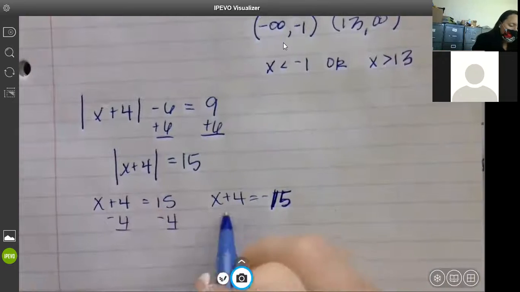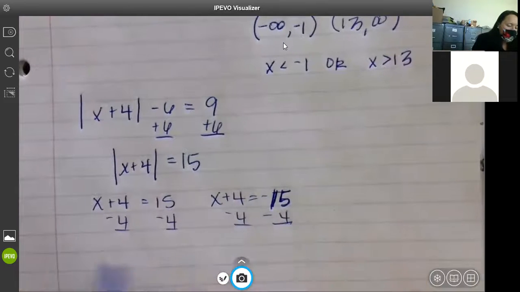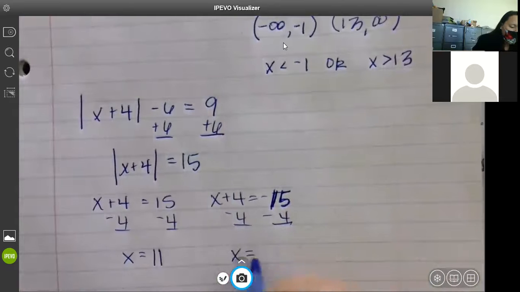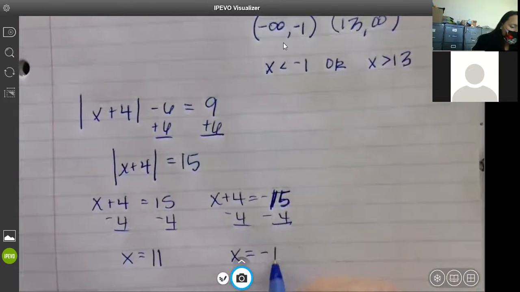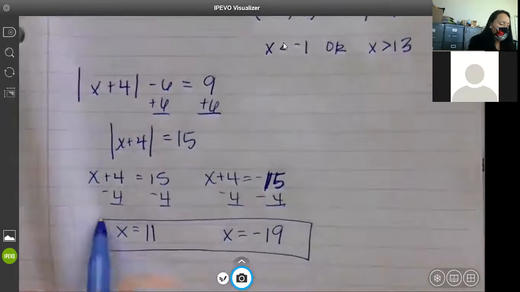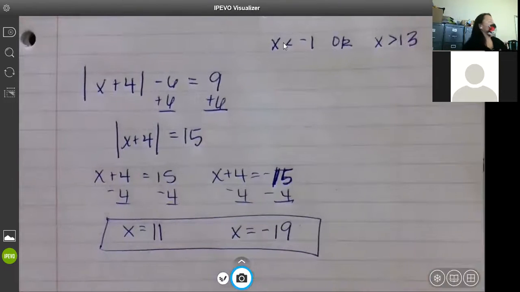Subtract 4 from both. Then we get x equals 15 minus 4 is 11 and -15 minus 4 is -19. Check and make sure that they work. And then those will be your answers. Okay. Any questions on solving those? It's basically the same thing. That's all you're doing today.